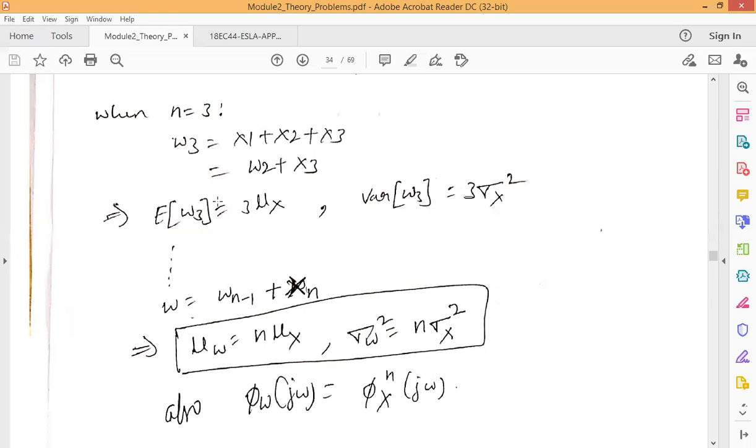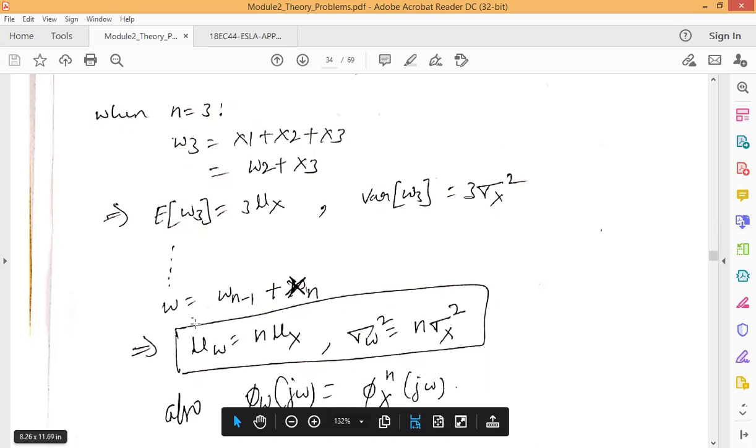If you continue like that for the nth random variable, we can write in general W as Wn minus 1 plus xn, which implies that the mean of the variable W, mu W, is equal to n mu x, and the variance sigma W square is equal to n sigma x square.